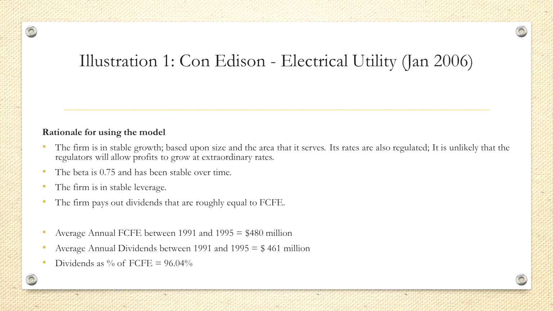The dividend payout ratio of the free cash flow to equity is nearly 100%, here 96%. So this utility company is a good candidate for this model.